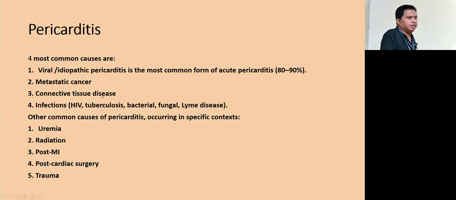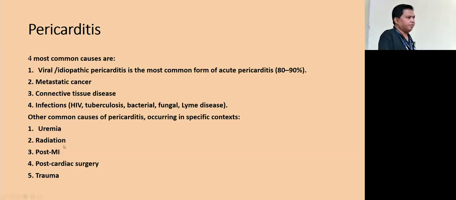And then connective tissue disease, most commonly SLE and rheumatoid arthritis. And then infections, common in our developing countries: tuberculosis, HIV, bacterial, fungal is rare, Lyme disease. The other common causes we see in clinical practice are uremia in chronic kidney disease patients, and radiation.